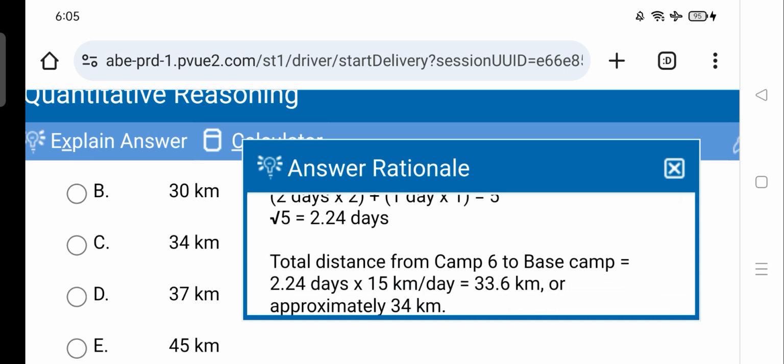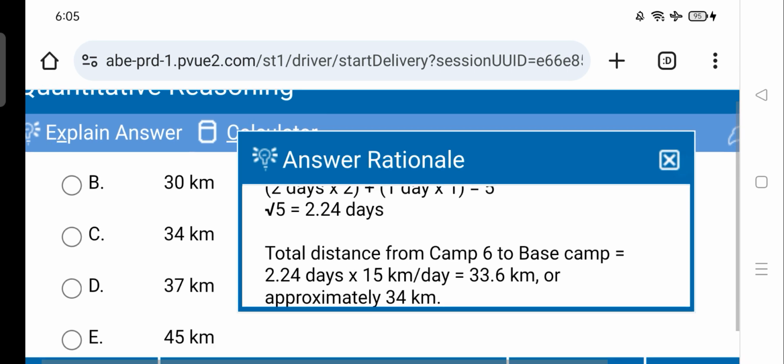So total distance from camp 6 to base camp equals 2.24 days multiplied by 15 kilometers per day equals 33.6 kilometers, or approximately 34 kilometers.